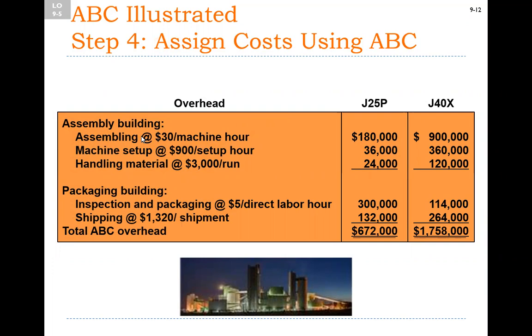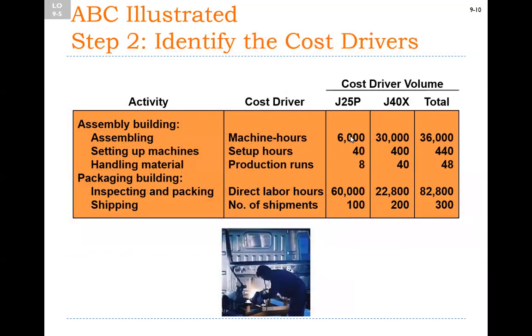Now it's time to multiply out so that we can determine what portion of the assembly overhead should be charged to product J25P and what portion should be charged to product J40X. So we're going to take each one of our rates and go back to this slide and multiply it times the cost driver volume for each product.